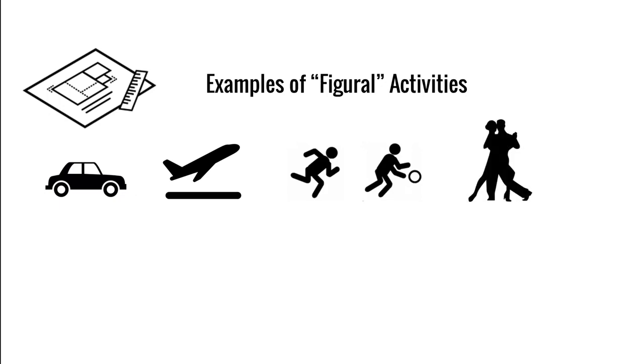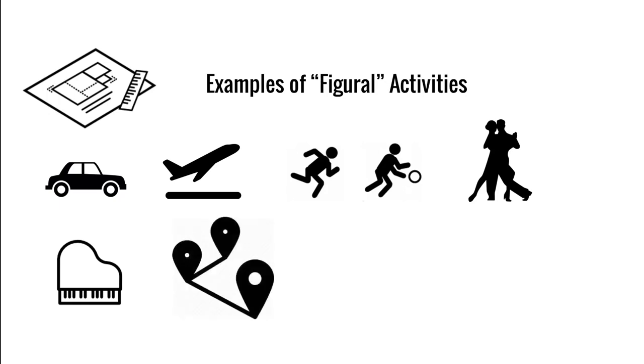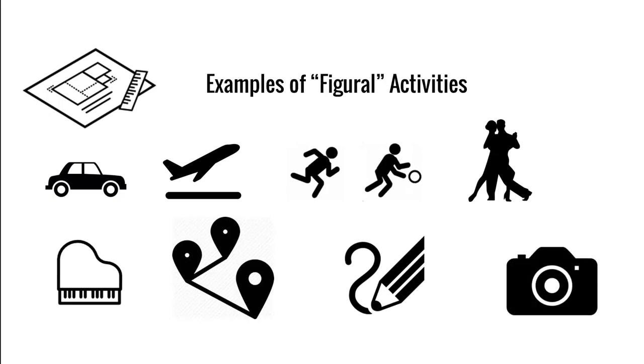So dance is also a physical activity because it's about your body's relationship to space and the world around it. Playing a musical instrument is also a figural activity because you have to move your fingers and your hands in a particular way to create a result. If you're walking through a city or navigating a town, this is also a figural activity. So is drawing, painting, lots of other different types of art, and even photography.